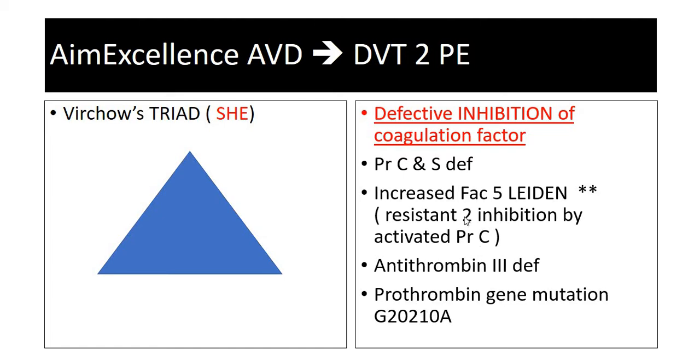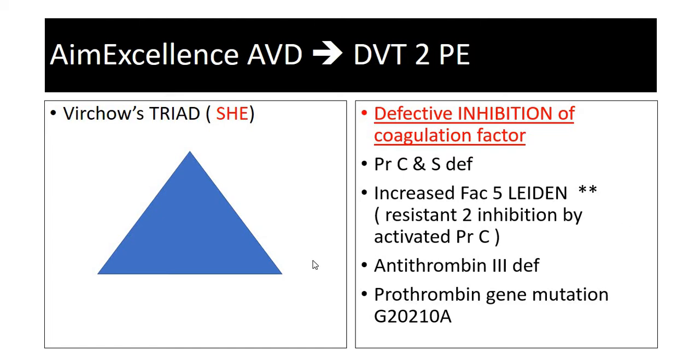And what happens is an increase in factor 5 Leiden. Just remember, this is the most important factor for deep vein thrombosis and also thrombophilia, and this can be a future question. Factor 5 Leiden is resistant to inhibition by activated protein C, so it promotes the formation of a clot.